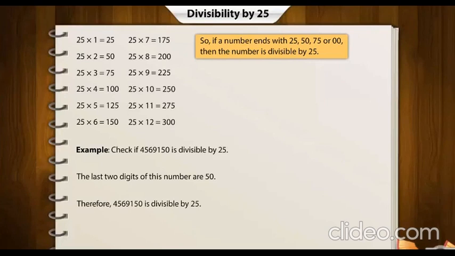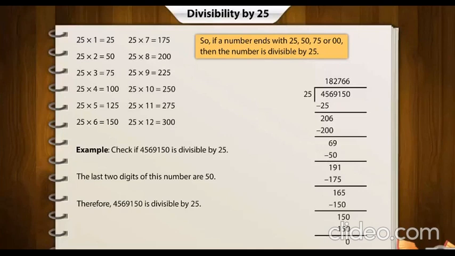Again, let's verify this by actual division. We can see that 25 exactly divides 45,69,150 without leaving a remainder. That was simple, wasn't it? Now why don't you try using these tests of divisibility in some examples on your own?